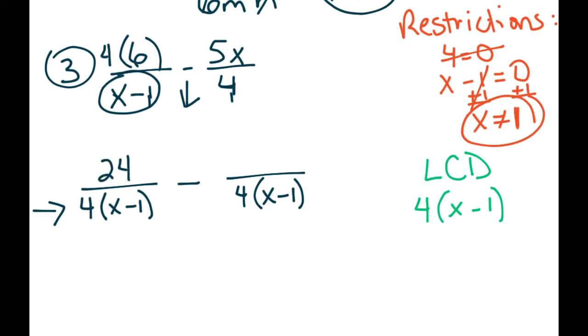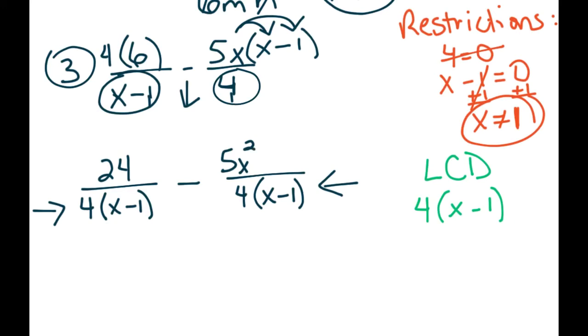This is step 3 where we are adjusting our numerator to our denominator. Okay. Now, in this denominator, I multiplied the bottom by x minus 1 to get my least common denominator. So I am going to multiply the top by x minus 1 also. This means we're going to have to distribute. So 5x times x is 5x squared, and 5x times negative 1 is negative 5x.